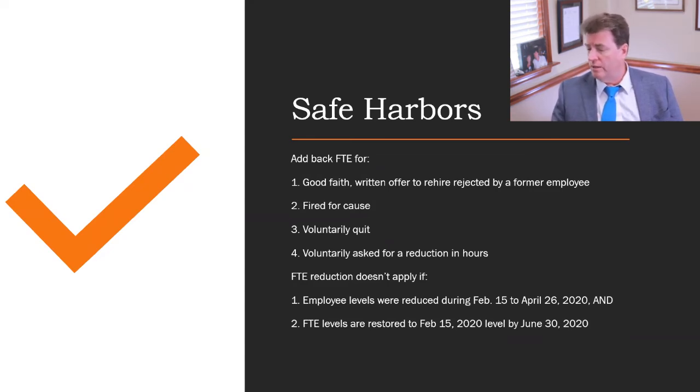It's been very clear. A lot of people have had to struggle with this because of that extra $600 a week. People are getting really nice checks and they're like, why do I want to come back to work? But if they're offered a job and they don't come back, they're technically not eligible for unemployment. The good news is that you as an employer get to add that number back to your FTE.